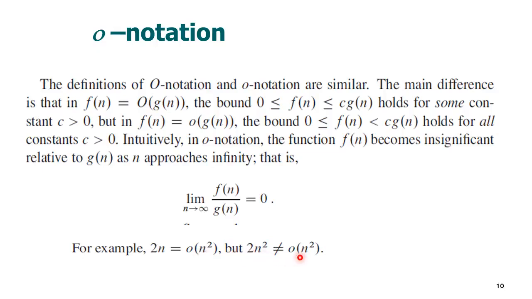But 2n squared is not o(n squared). Now if we take the limit, f(n) is n and g(n) is n squared. So n divided by n squared is 1 by n. When n tends to infinity, it becomes 0. In this way we can find the small o notation.